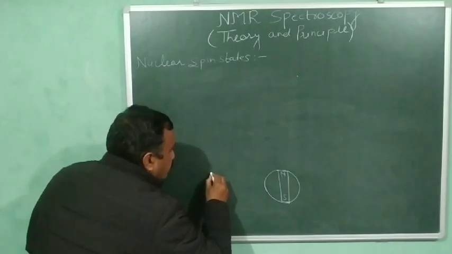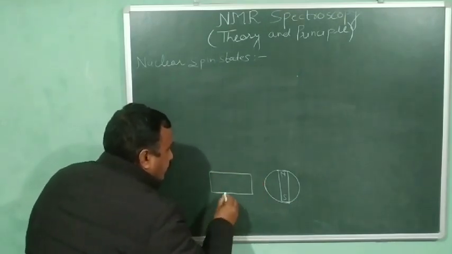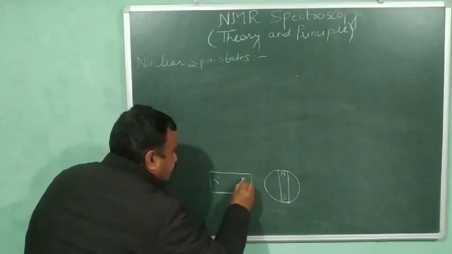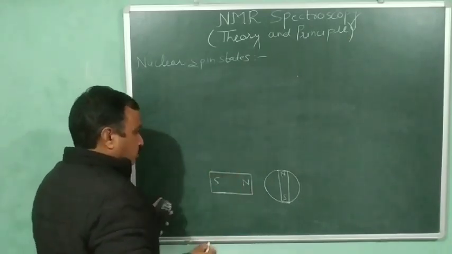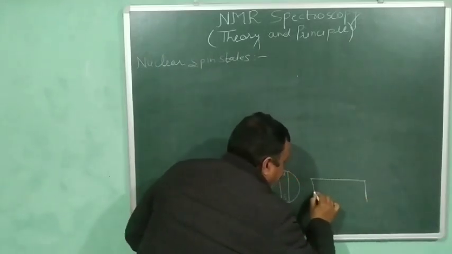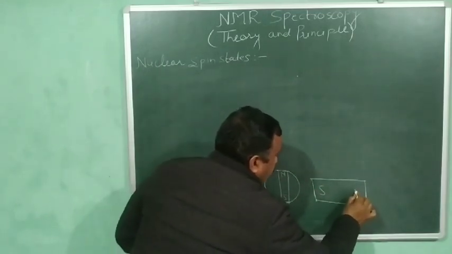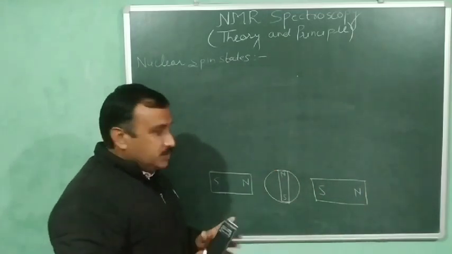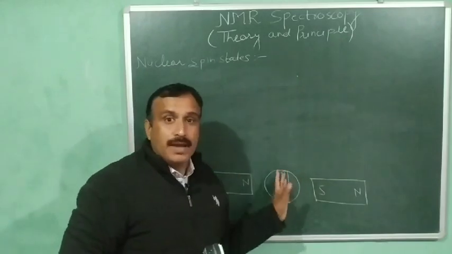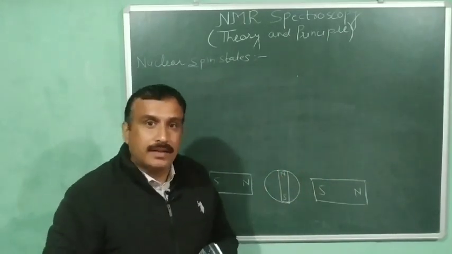So here we have a magnet, and these are the south and north poles of this magnet, and we have another magnet here, and these are its south and north poles. So this is the external magnetic field which we have applied across this magnet, proton magnet I must say.